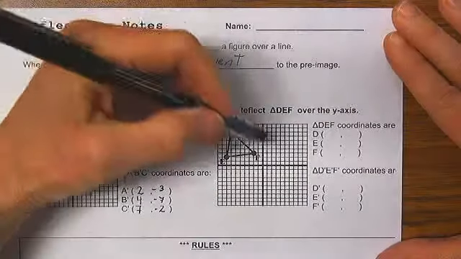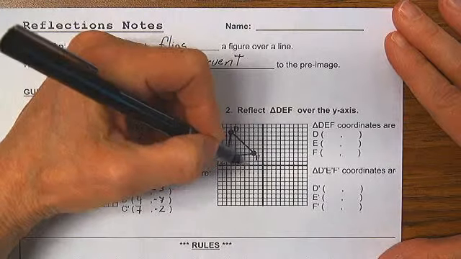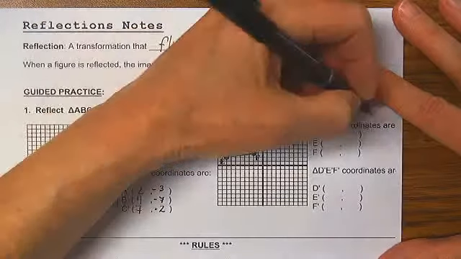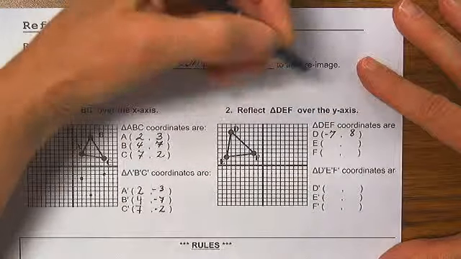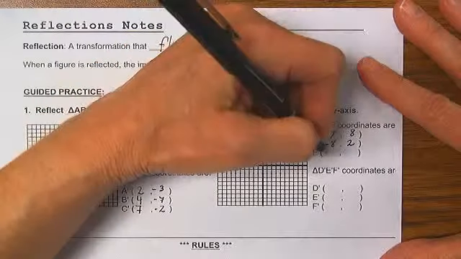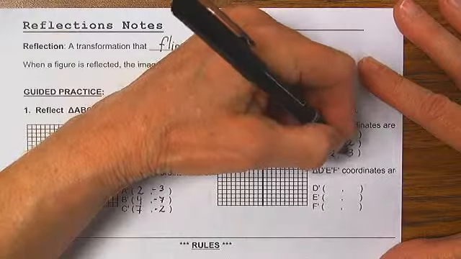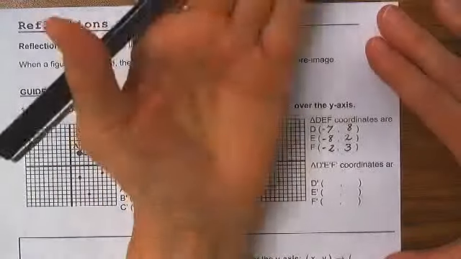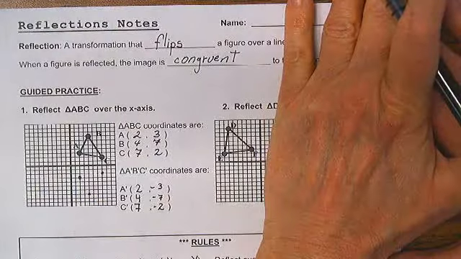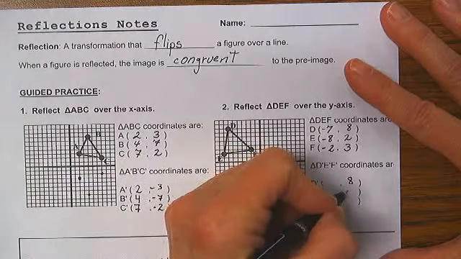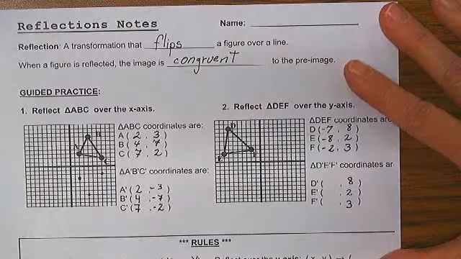Well, let's see, if D is (-7, 8), and E is (-8, 2), and F is (-2, 3), and we're reflecting over the y-axis, then we're flipping this figure from here over to here, and now the y values stay the same, 8, 2, 3, but the x values change.